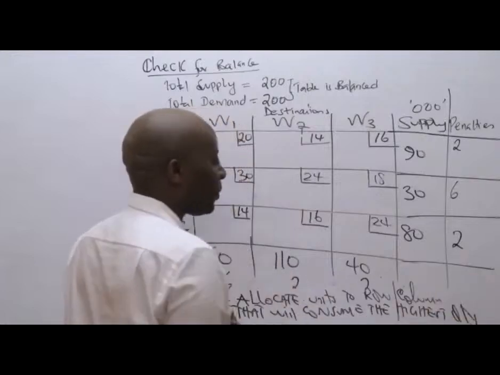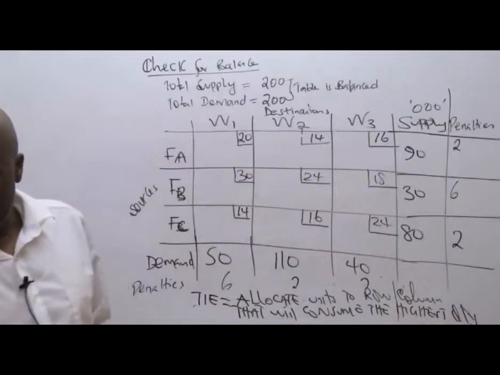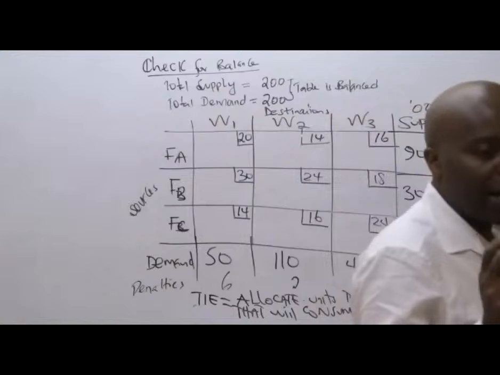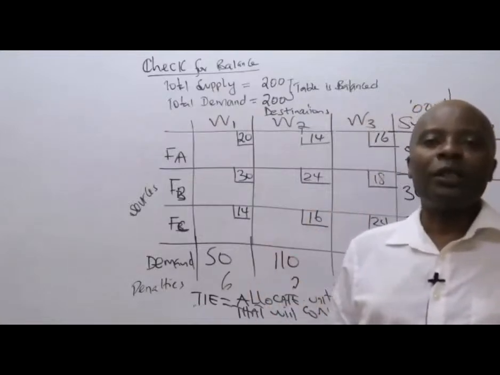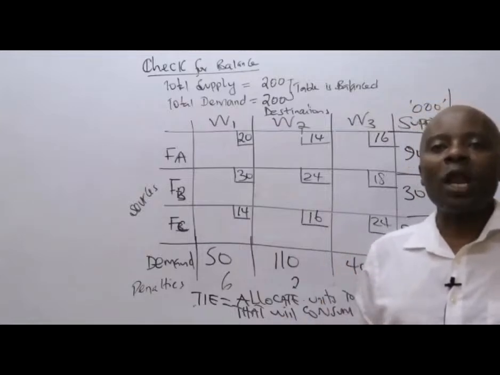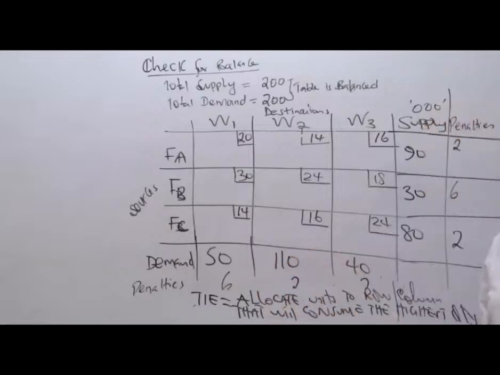Please write these small notes as we get along. So whenever there is a tie between the highest penalties, the row or column that will at the end of the day prevail is that row stroke column which will be able to absorb the highest number of units.